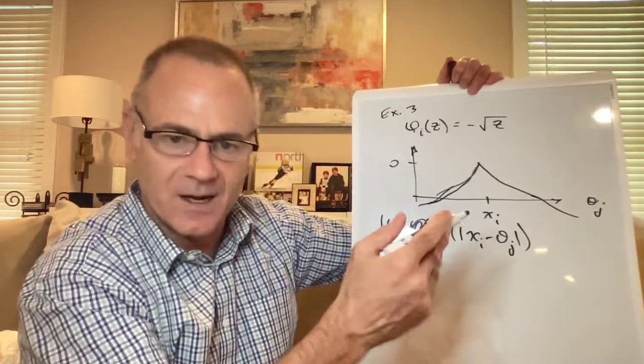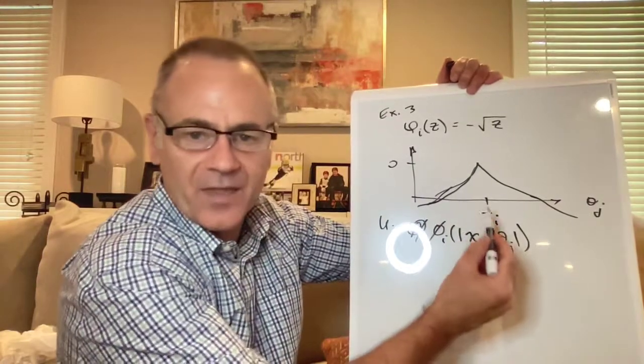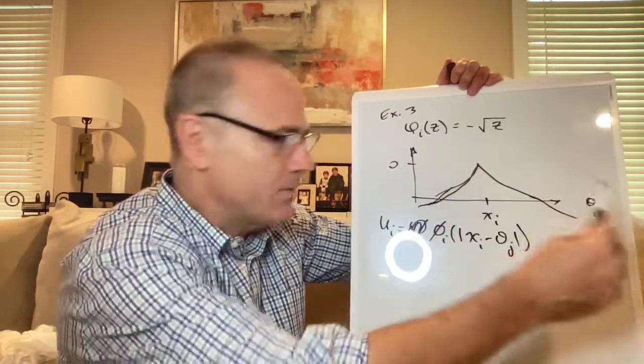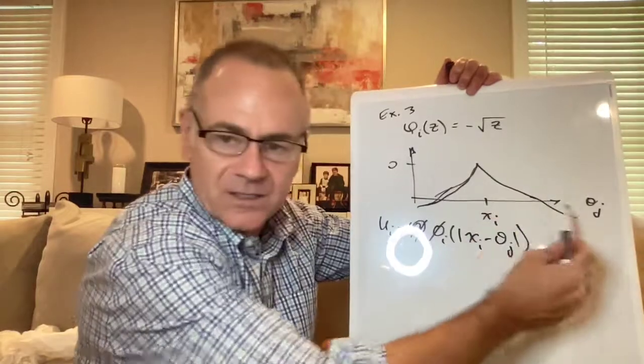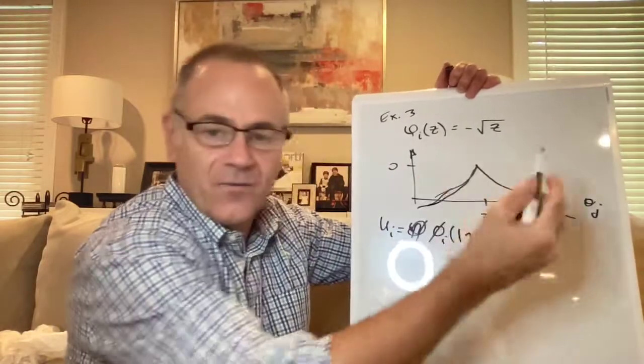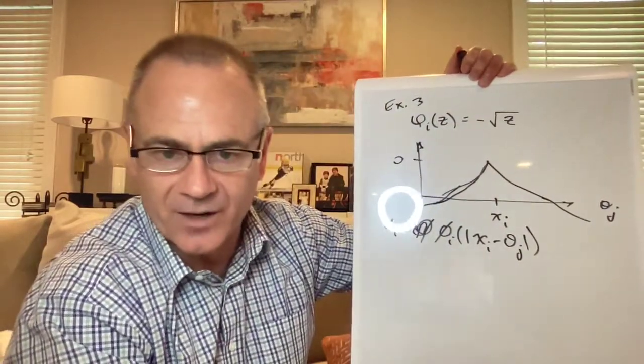And I showed you 3 examples. It's going to be symmetric about that ideal point. On either side of xi, when it's a function of theta, the utility function has to look symmetric.